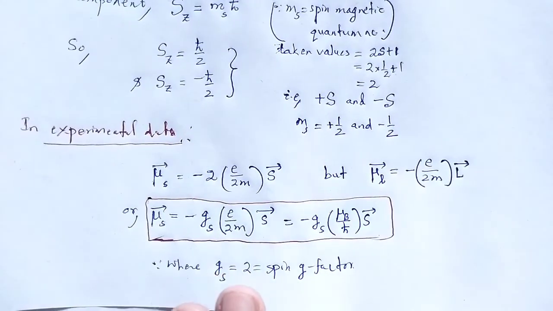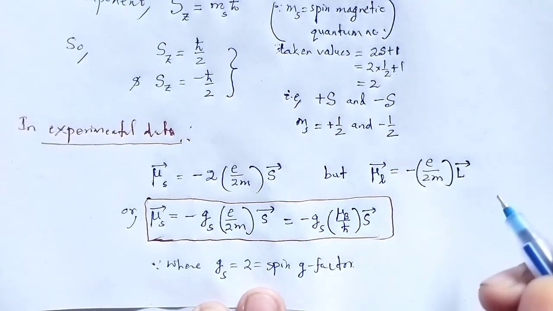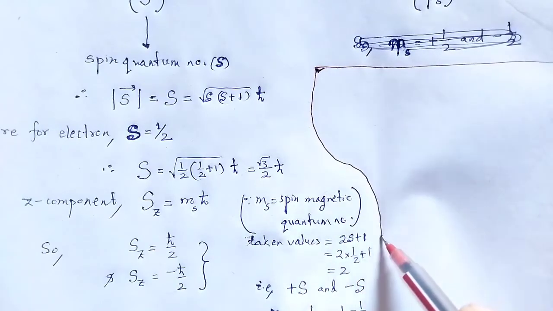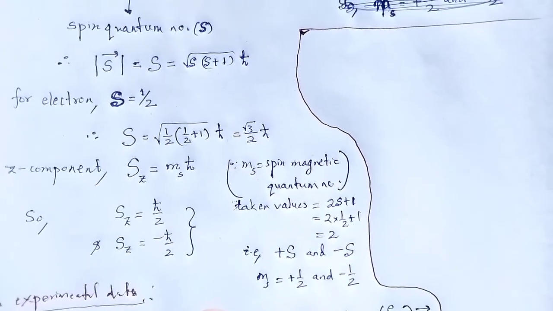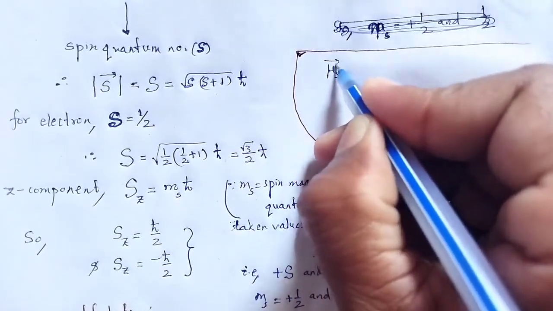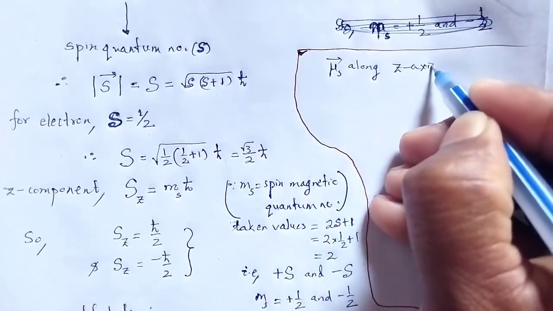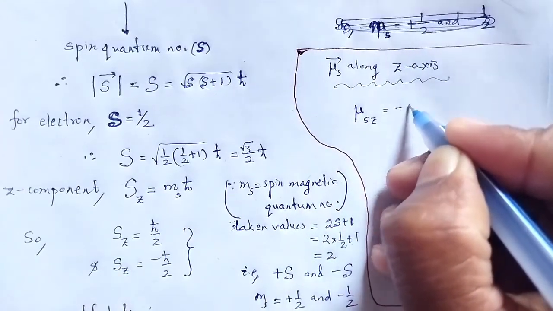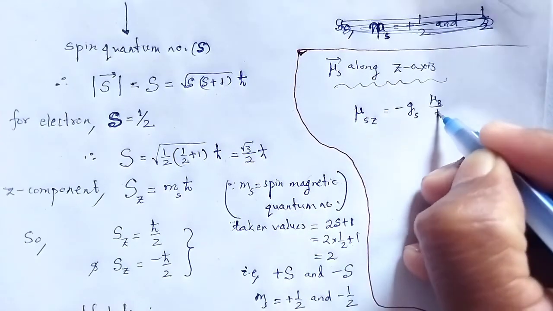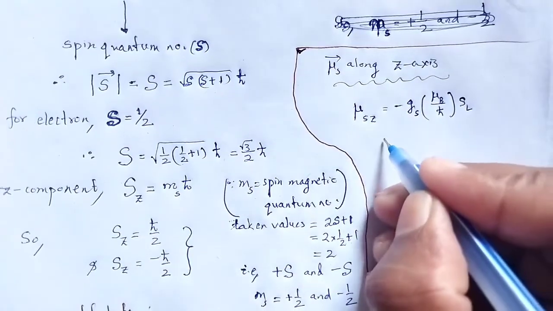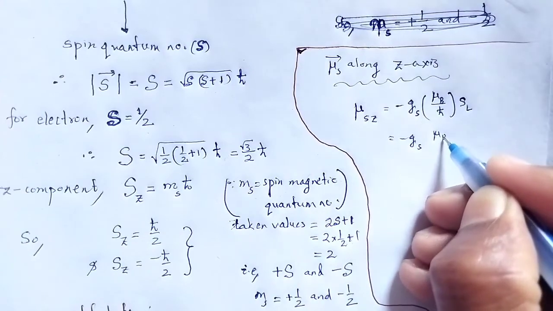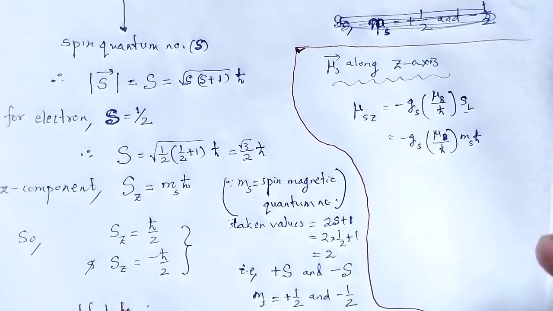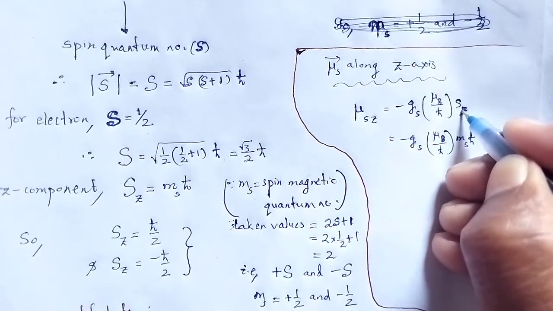Further, mu s along the z axis, that is mu s z, is minus g of s mu b by h cross S z, in place of S z that is ms h cross, the z component we consider.